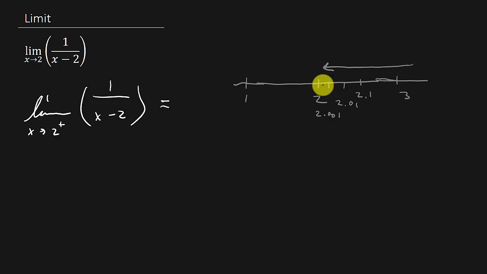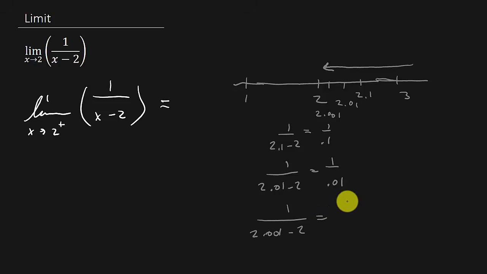So think about this. If you plug in 2.1, that would be 1 over 2.1 minus 2, which is 1 over 0.1. And then if you plug in 2.01, that's going to be 1 over 0.01. And if you plug in 2.001, that's going to be 1 over 0.001, and so on.